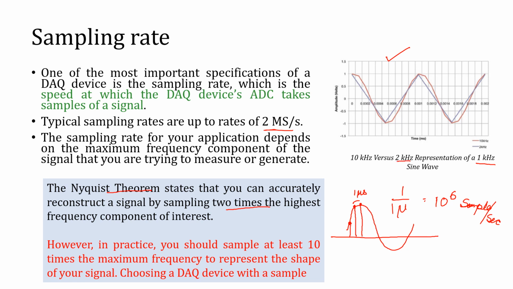So once we take the sample at 2 kilohertz, which is double the signal's frequency of 1 kilohertz, you can see the blue one is 2 kilohertz. It's completely a triangular wave, not a sine wave. So it means we are missing some information even at double the frequency of the signal.